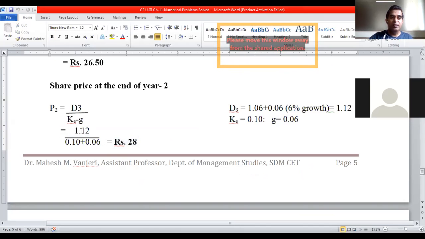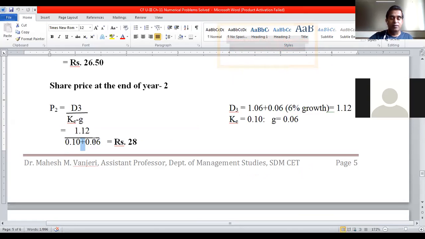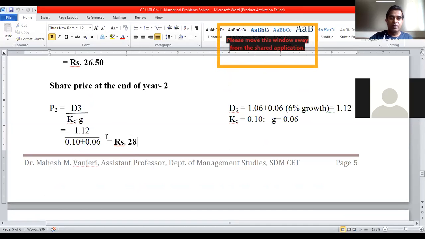Let me check whether there is an error here from the notebook. But anyway, once we simplify this equation, the answer we get is 28 rupees as the equity share price at the end of year 2.